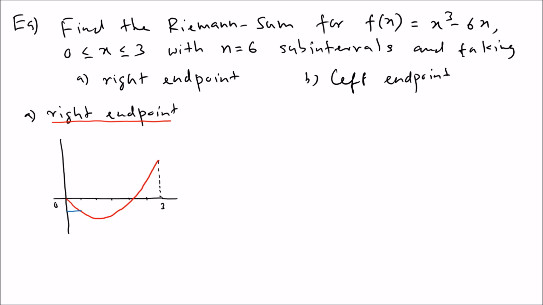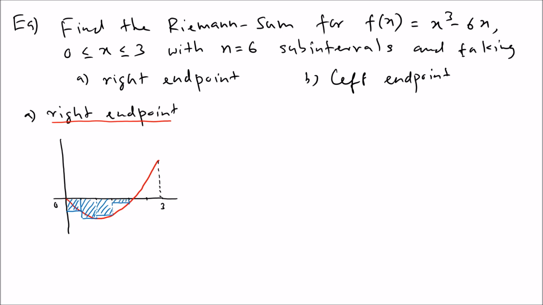That means this is what we're going to get as the representative area. Again, pick the right endpoint in the next interval. We pick that value, whatever the value, that's the representative area. Same thing, pick the right endpoint. That's the representative value.